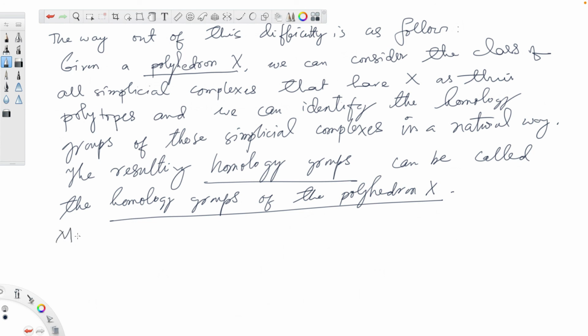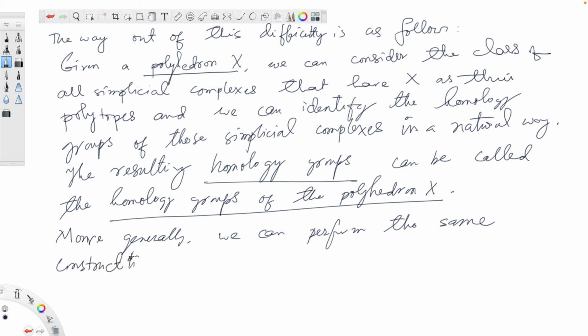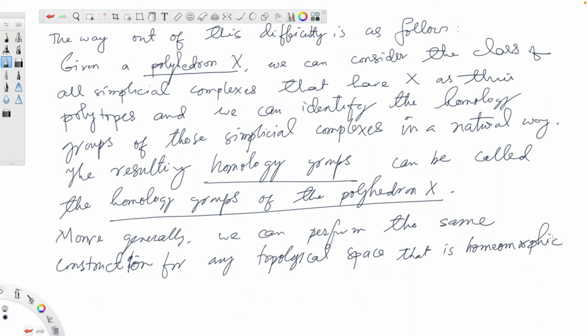Okay, so more generally, we can perform the same construction for any topological space that is homeomorphic to a given polyhedron X. Now, this motivates us to give the following definition of triangulation, right?